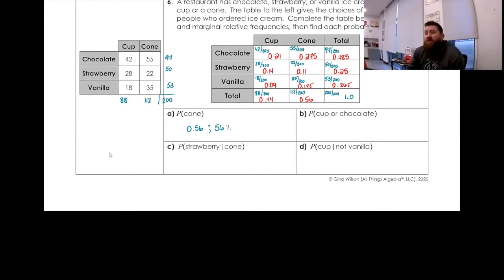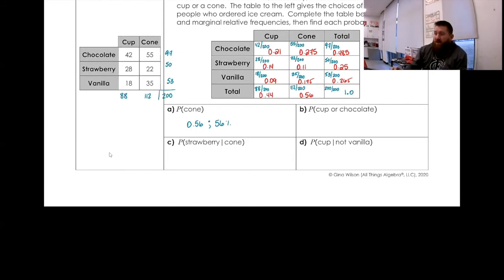Okay, cup or chocolate. Now we need all the people that chose cup, all the people that chose chocolate. So we're going to add up the cup people with our chocolate people. So 0.44 plus 0.485. Now here's where we talked about it the other day.